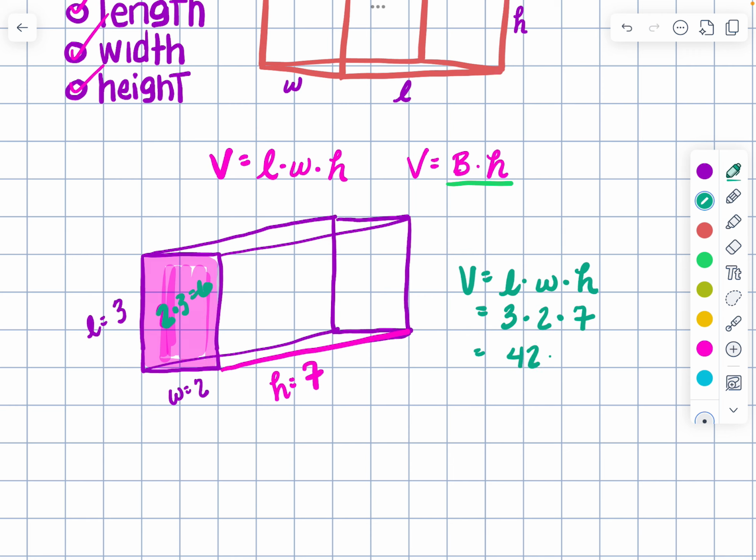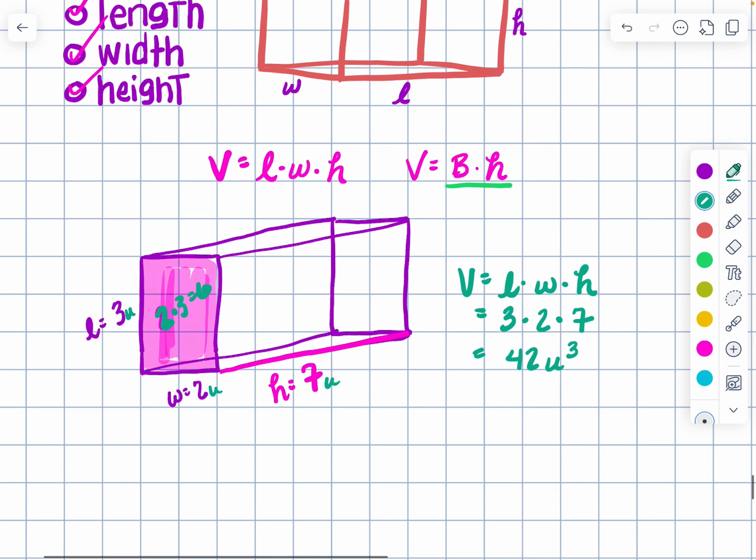And I'm going to call this units cubed. Each one of these is just units, and when I multiply them all together, I get units cubed, and that indicates that we're in 3 dimensions when we're talking about a rectangular prism.